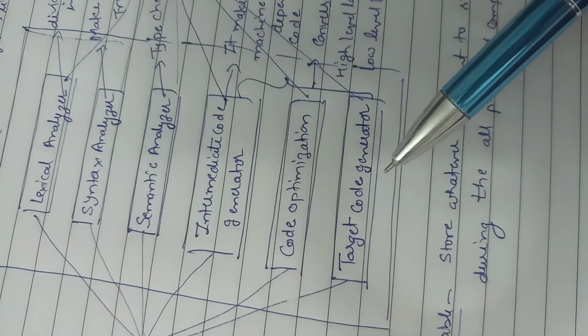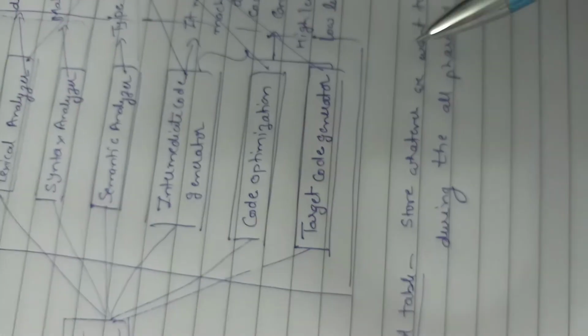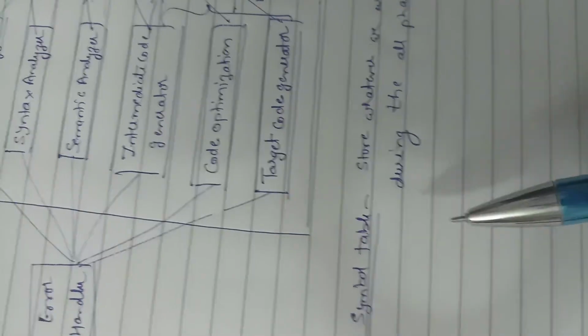In all these phases, whatever we want to store as a variable or otherwise will be stored in the symbol table.